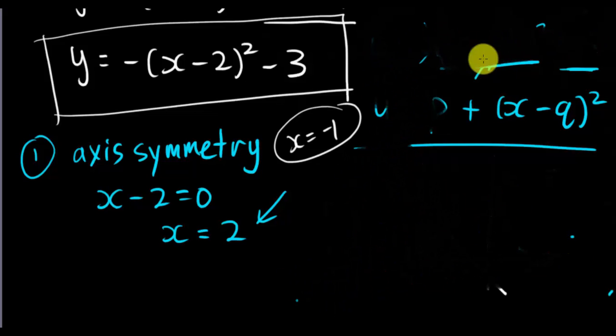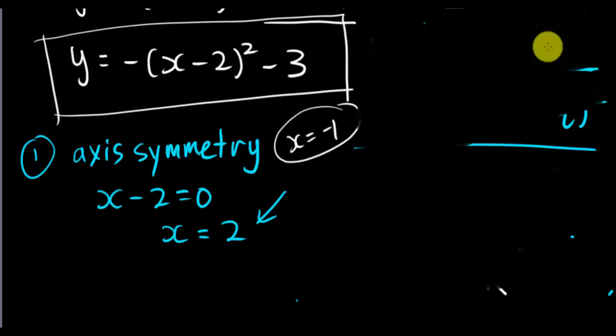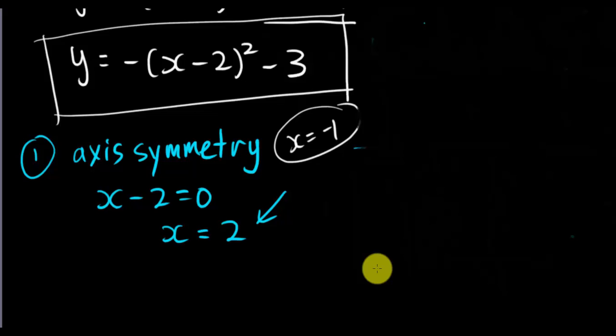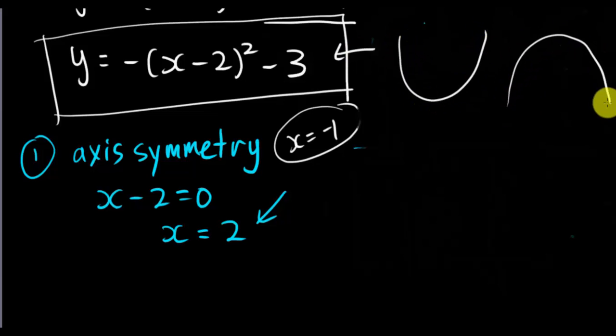Okay, let me erase this and the equation pattern also, because I want to explain a bit further. So what is the meaning of axis of symmetry? Because this is quadratic, a quadratic will always give you a U shape or N shape. In mathematics this shape has a name: parabola, if I remember correctly.